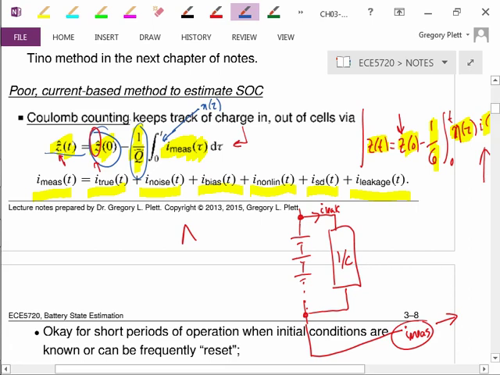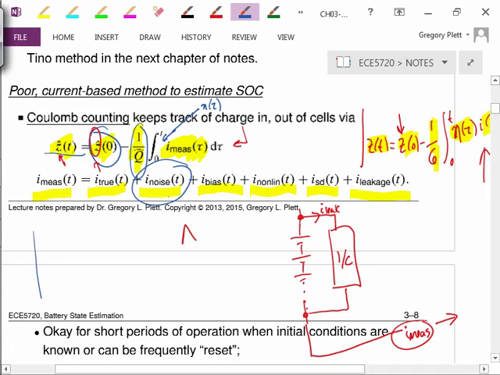With the current measurement, even if I start out with a perfect state of charge estimate and a perfect capacity estimate, this noise here is going to cause the integration of that noise to be something that people who study random processes call a random walk.